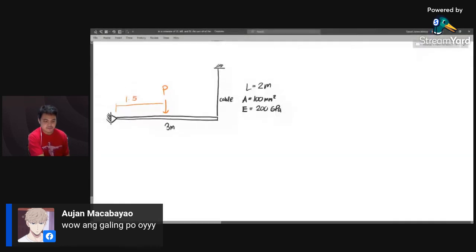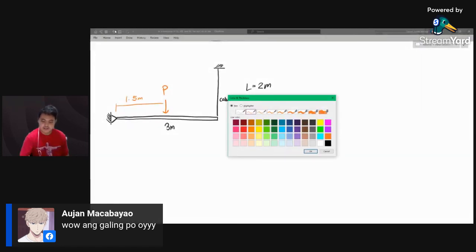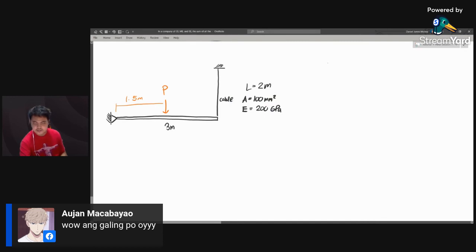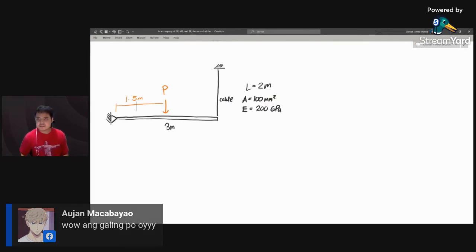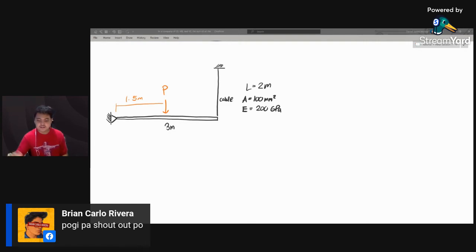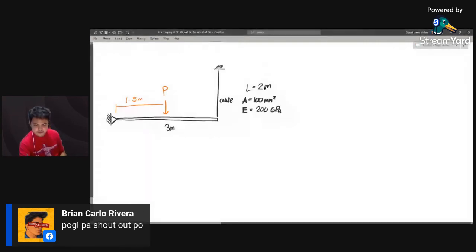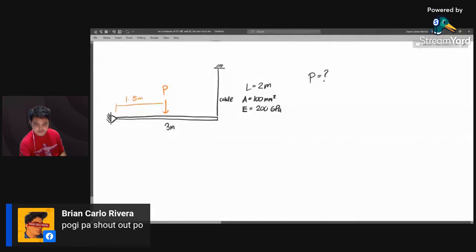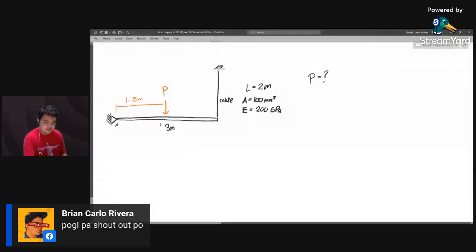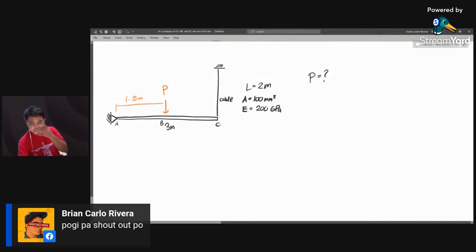So, 1.5 meters. So, ang ating tanong dito ay, we solve for P, wherein, lagyan lang natin name ng point, no? A, B, C. So, we solve for the value of P.